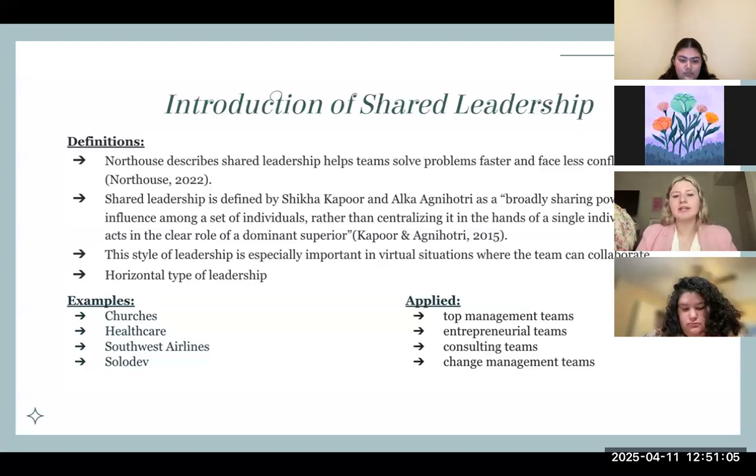This is also an example in healthcare, nurses specifically. I listened to a podcast talking about healthcare and how shared leadership is in nurses because they take more ownership of their work since they get to make their own decisions.